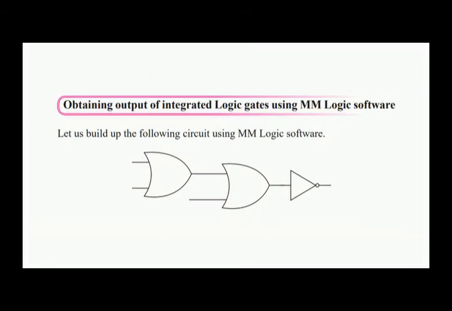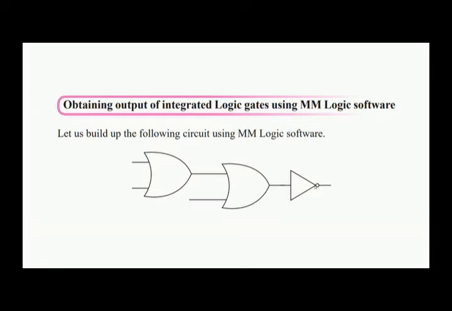Okay, so first this is what you have to draw. Here you have an OR gate, and from that OR gate you are connected to another OR gate. Then after that you are connected to a NOT gate. So we need two OR gates and an inverter.